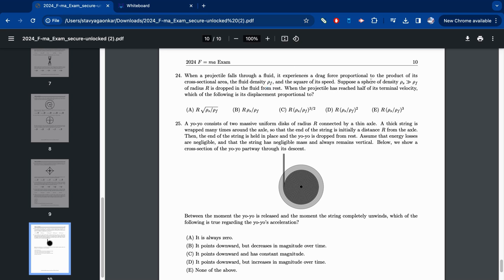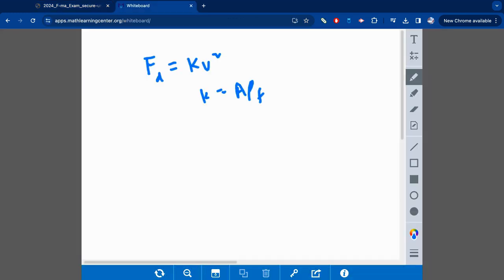And so you have a sphere that's dropped in the fluid, and when the projectile has reached half of its terminal velocity, what would its displacement be proportional to? Okay, so we can easily solve this using dimensional analysis.